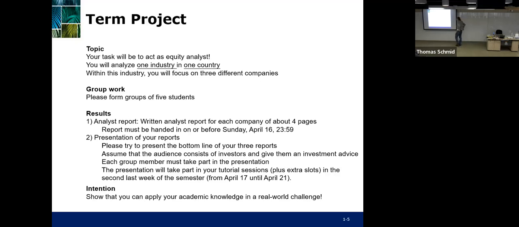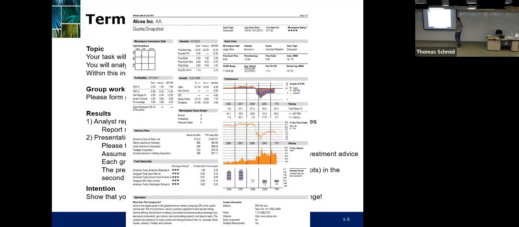Good. So, what is the outcome of your group project? Basically 2 things. 3 analyst reports, because you have 3 companies, right? These analyst reports, I mean, these are just random examples. This is one example for Alcoa.